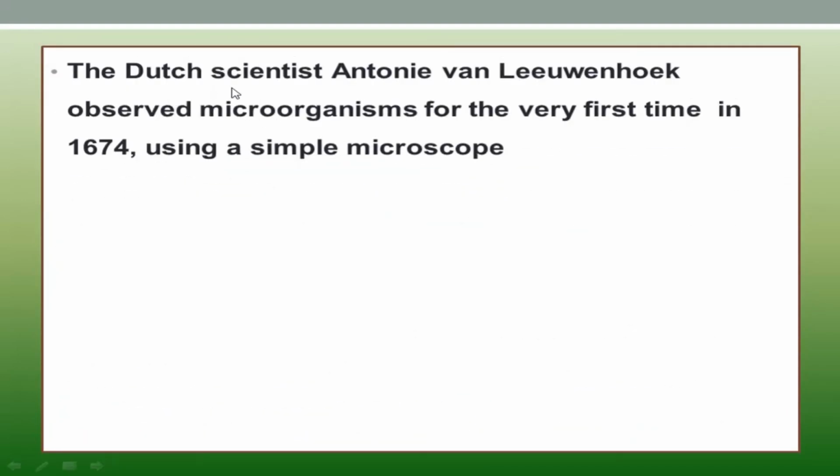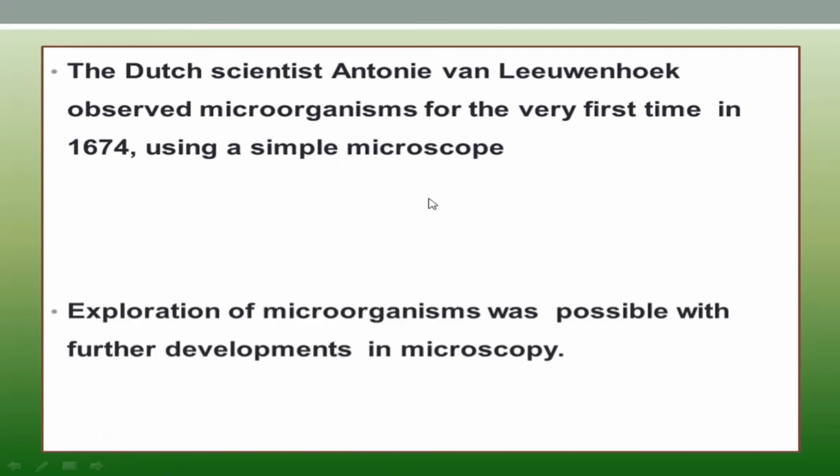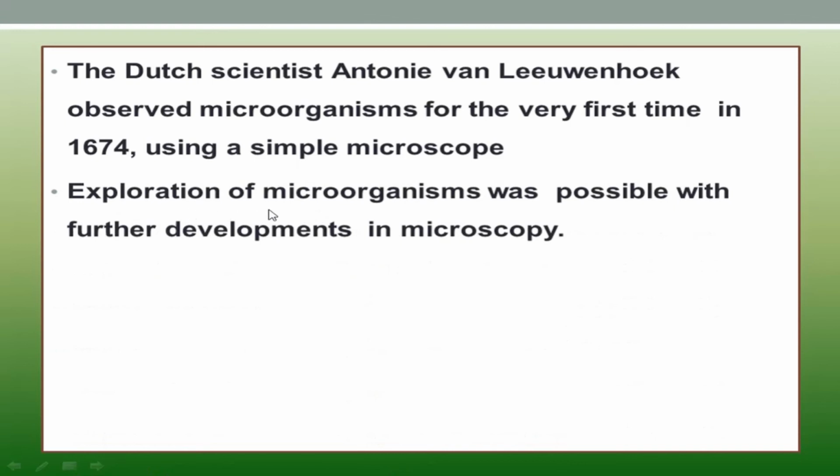The Dutch scientist Anton van Leeuwenhoek observed microorganisms for the very first time in 1674 using a simple microscope. He used a simple microscope to observe the microorganisms. Exploration of microorganisms was possible with further developments in microscopy.